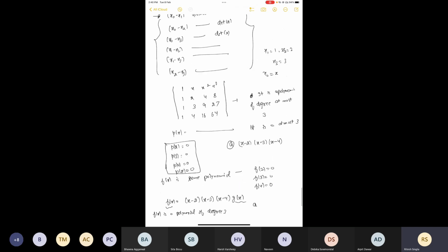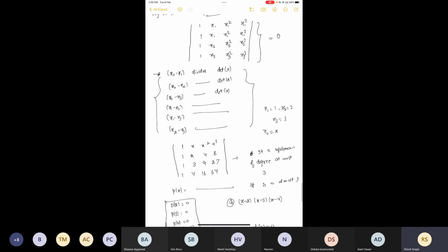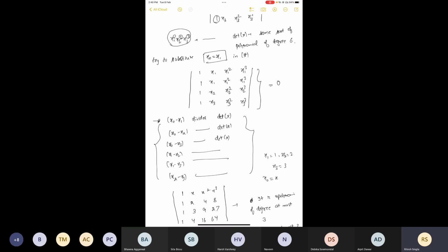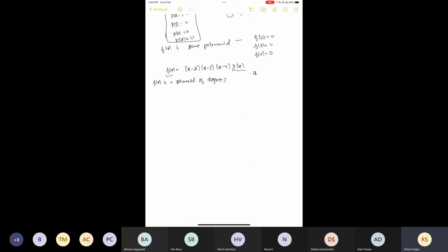Okay, let me explain it again. So what we are doing: the rows 1, x0 square, x0 cube; 1, x1 square, x1 cube; x2 square, x2 cube; x3 square, x3 cube, right?